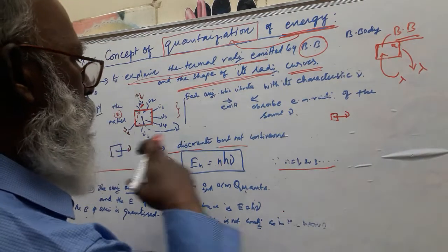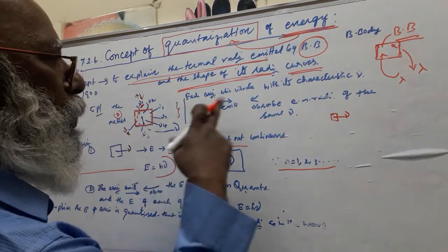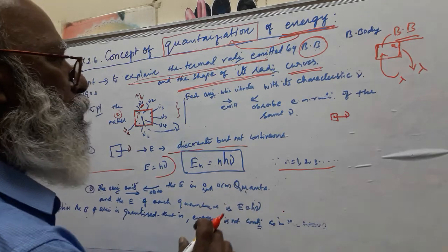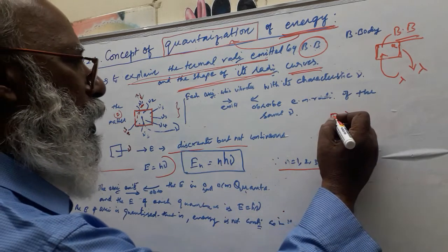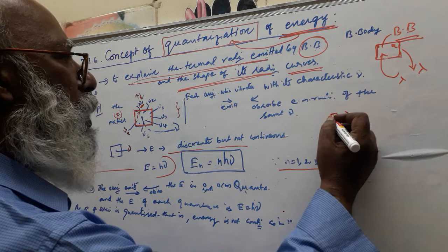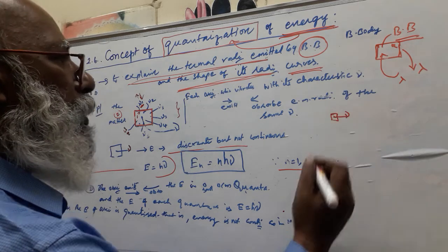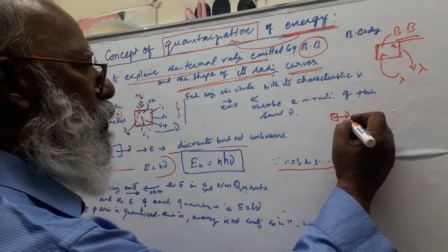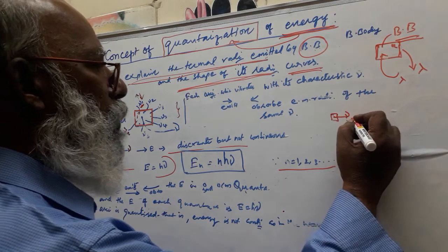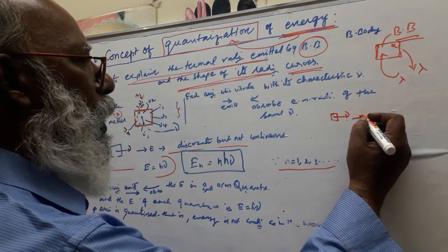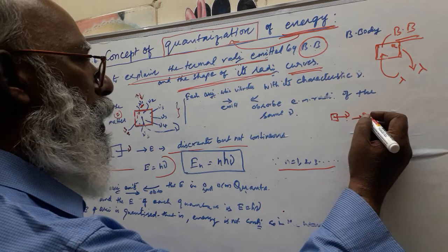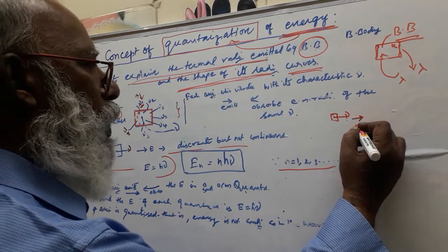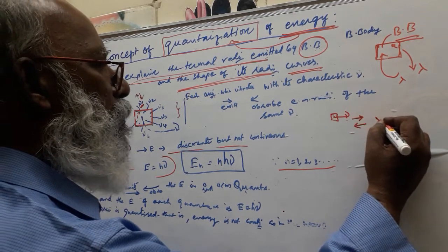That's the concept I want to explain here to you. Whenever this oscillator vibrates with its characteristic frequency nu, it will emit radiation or absorb radiation of the same frequency.